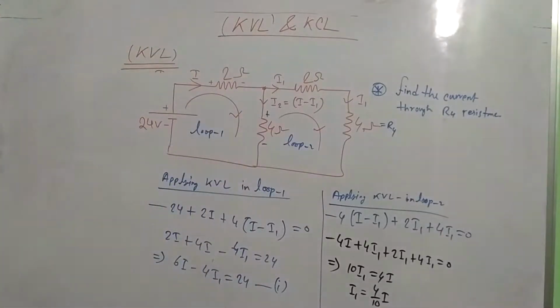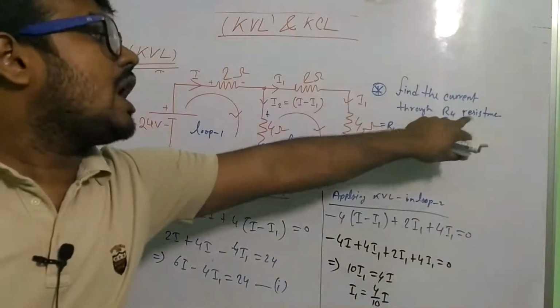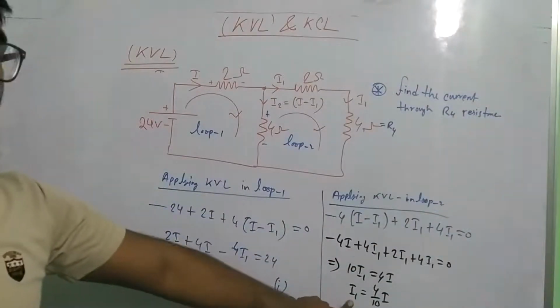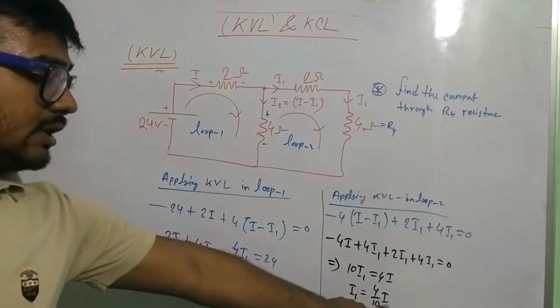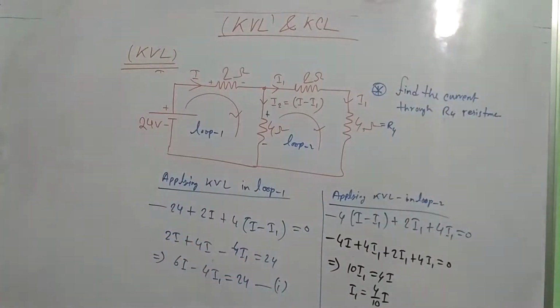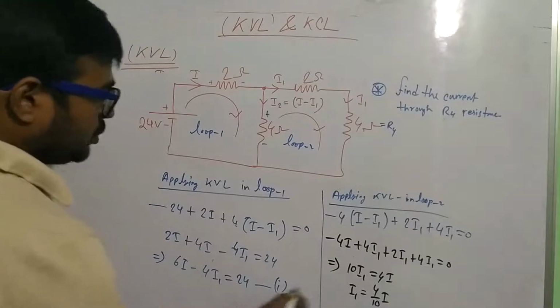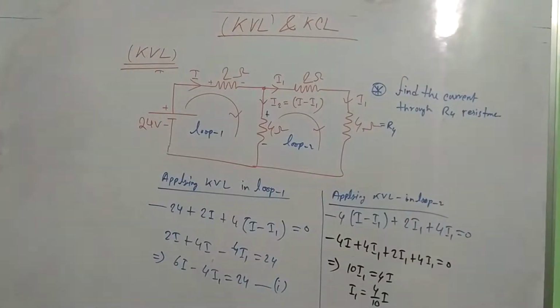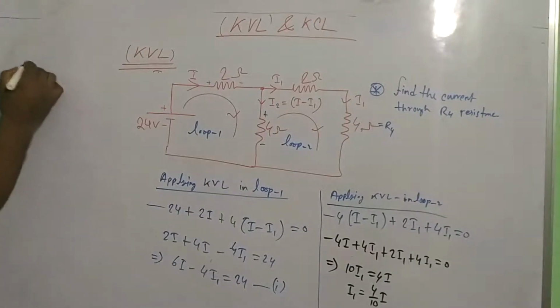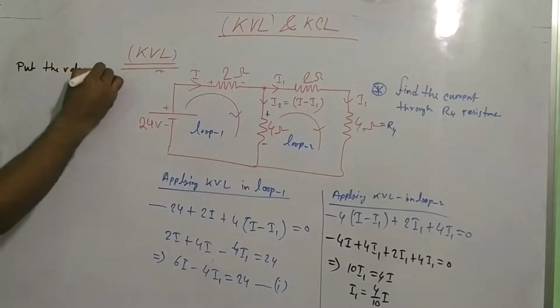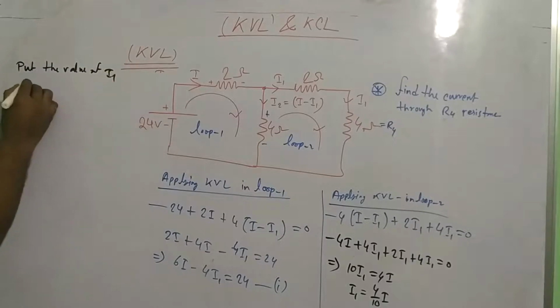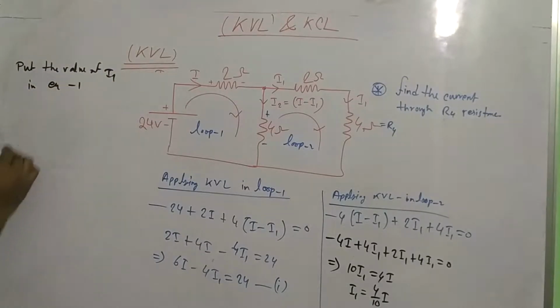What is the question? Find the current through the R4 resistance. If I find I1, then the question is solved. So now we need I. I put the value of I1 in equation 1. Write down: put the value of I1 in equation 1.